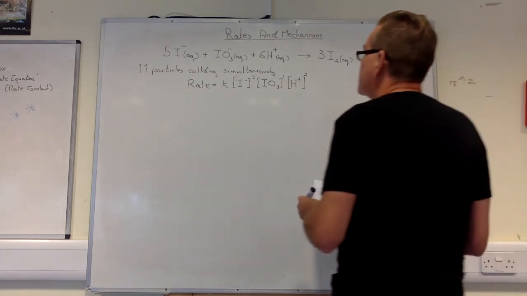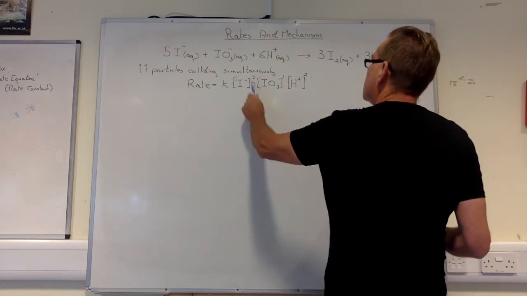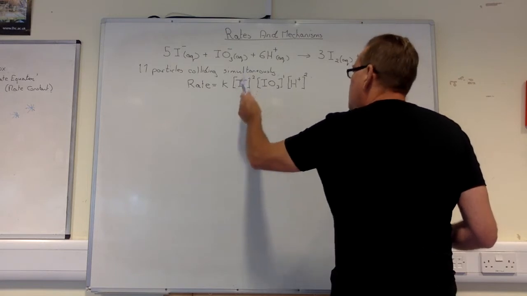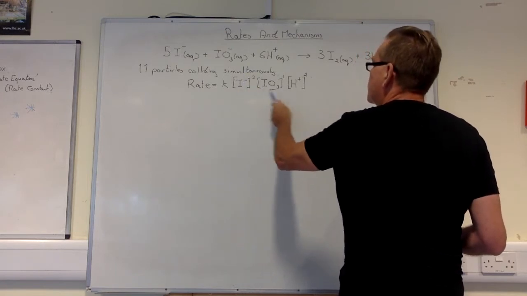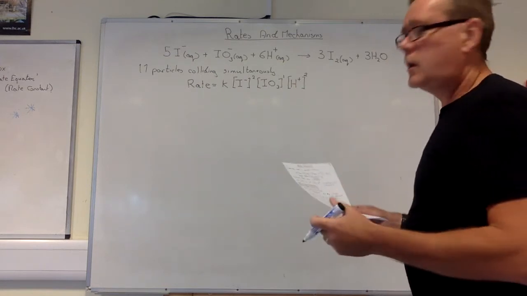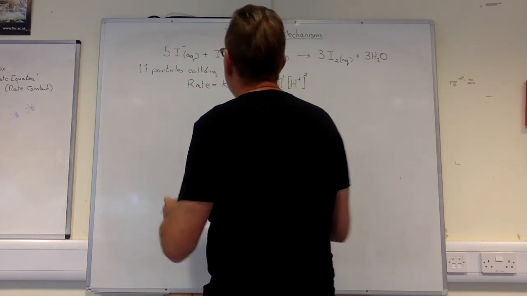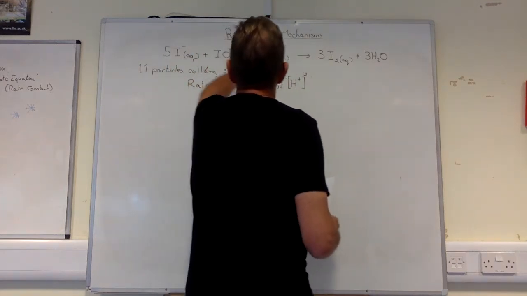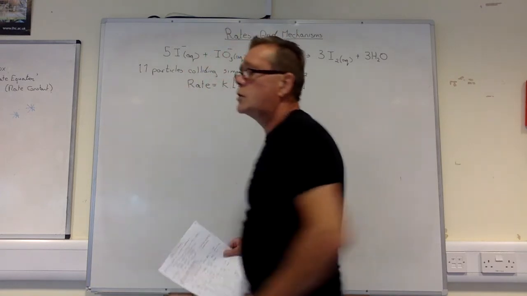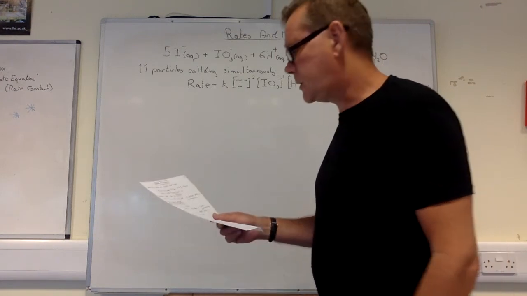So that rate equation gives us, we can do some kind of mechanism from a rate equation like that. Now, that example is probably a bit hard, so what I'm going to do is give you some A-level examples of this, and hopefully it will come together. So this is unlikely because you're talking 12 particles colliding. This will tell you some kind of intermediates, but it's much harder than probably you're going to get in the exam. So let's do a couple of exam ones.